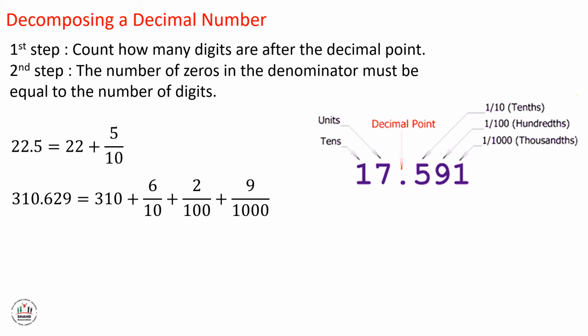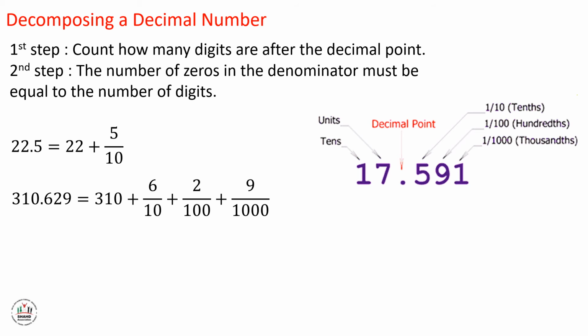310.629. So we write the whole or integral part, 310, as it is, plus 6 over 10 plus 2 over 100, because in order to reach 2, we need to pass through 2 digits, 6 and 2.